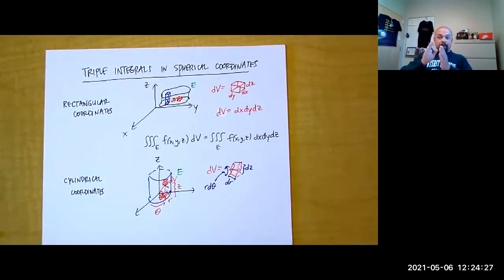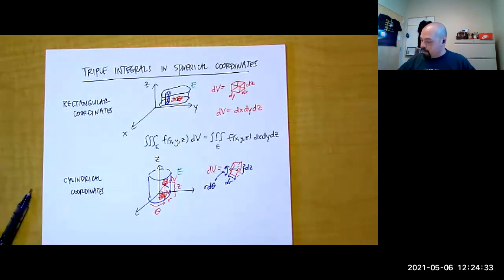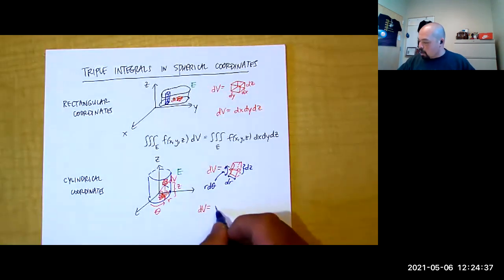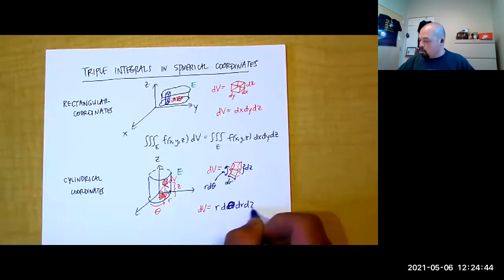It's not just how much angle, but because there's a little arc to it, that arc length is r d theta. So our dV becomes r dr d theta dz, which we can rearrange in any order.